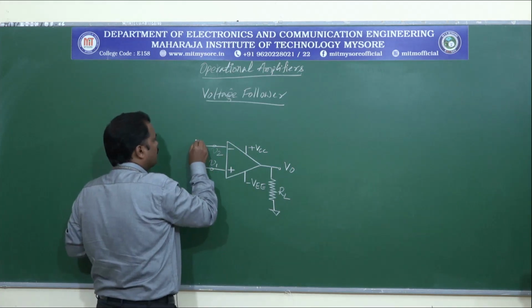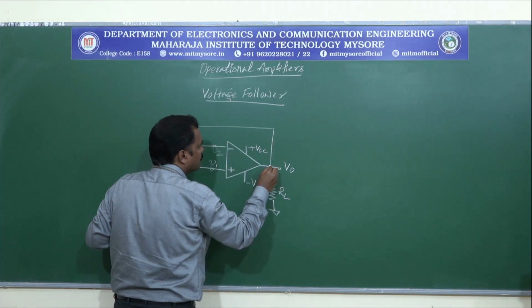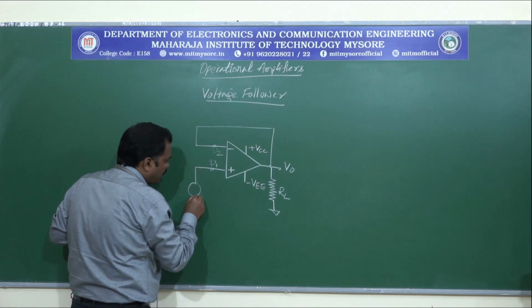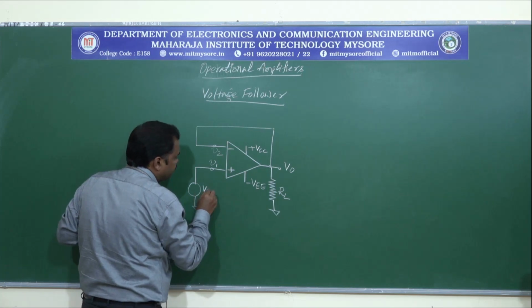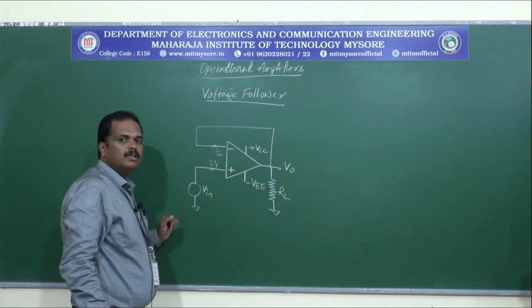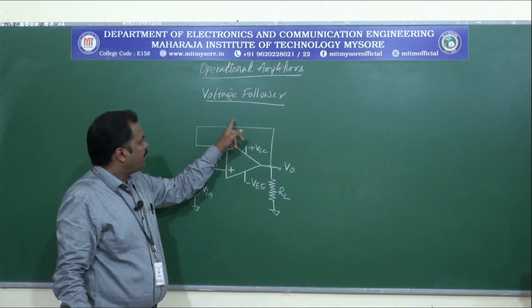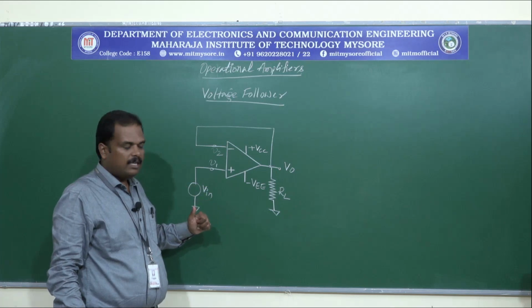So here this circuit looks like this, and here we will be applying the input signal. So the input element is open circuited and the feedback element is short circuited in this circuit.